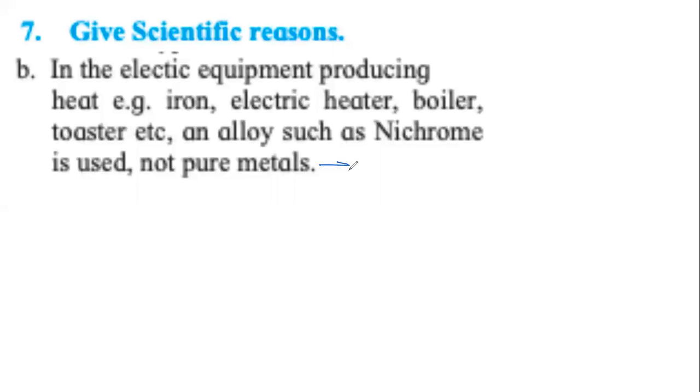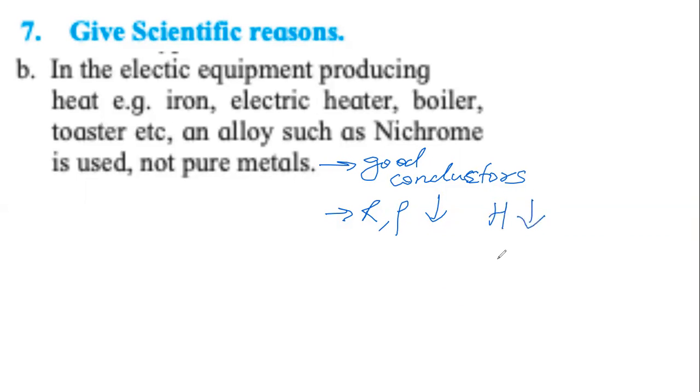These metals are very good conductors. If they are good conductors, then their resistance and their resistivity will be low. If the resistance and resistivity is low, that means the heat that they will produce will also be low.